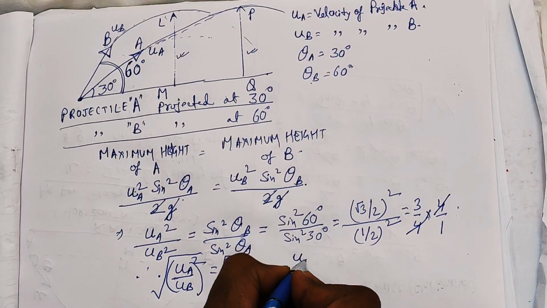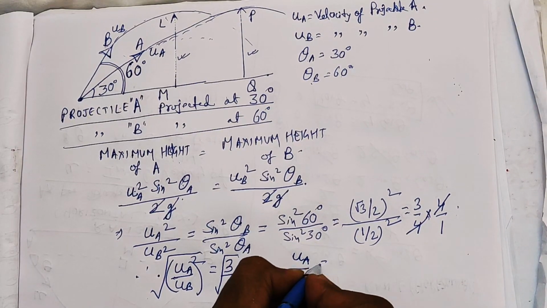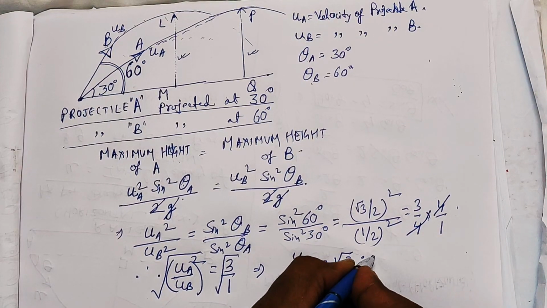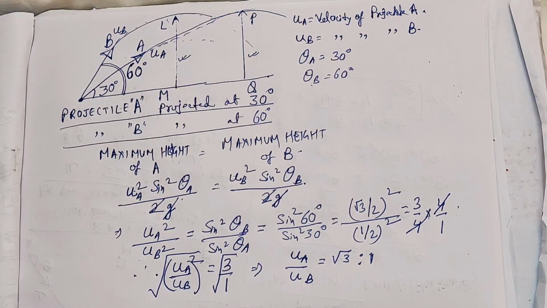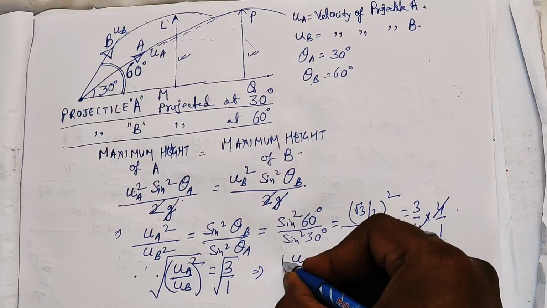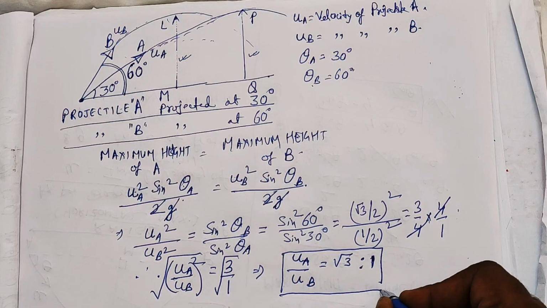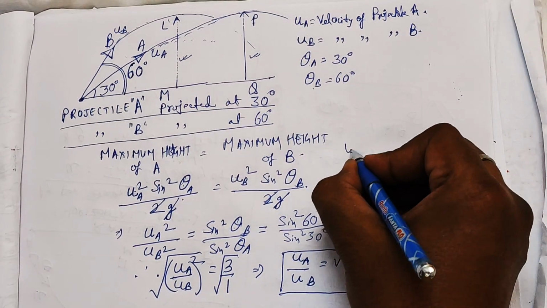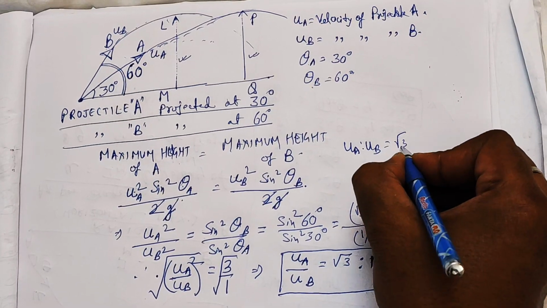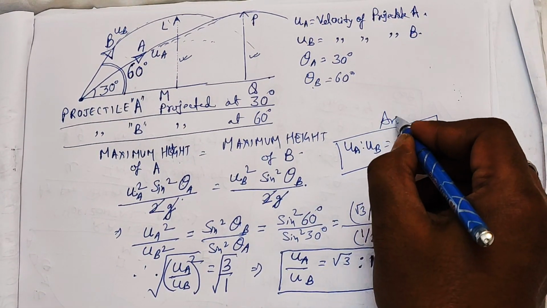We will have uA by uB, that is initial velocity of projectile A by initial velocity of projectile B. The ratio of both projectiles' initial velocity is there with us in the LHS, and root 3 by 1 is the ratio. So we have calculated the ratio of initial velocity of both the projectiles which attain the same height after projecting at 30 degree and 60 degree respectively, which is equal to root 3 is to 1.